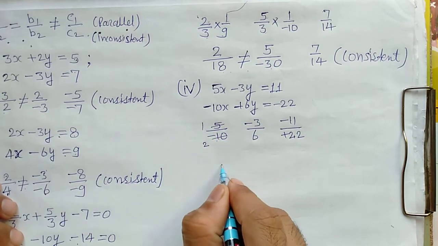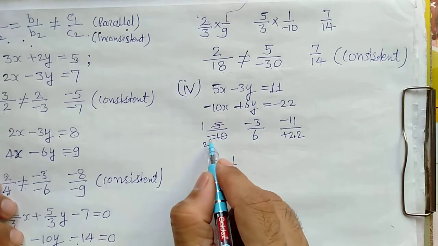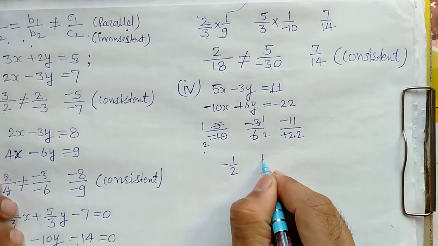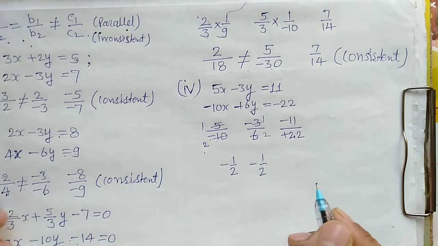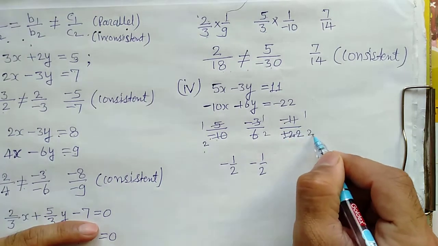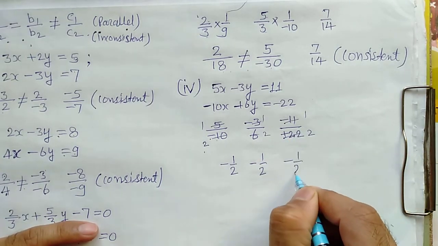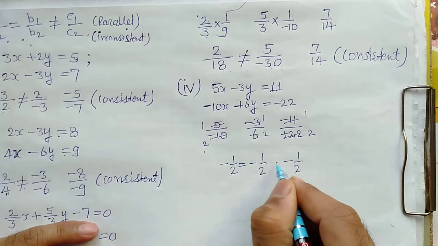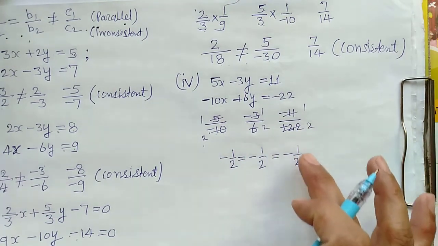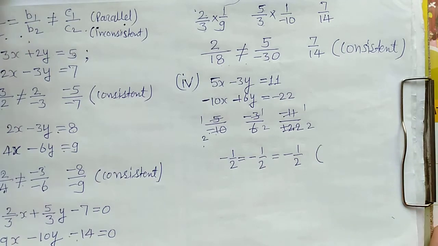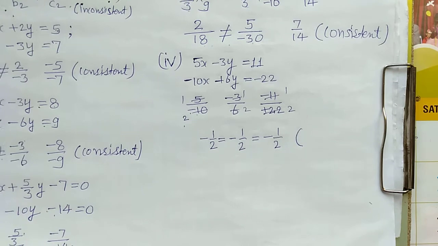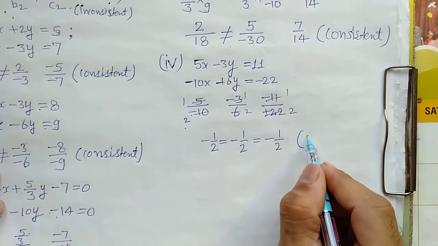So this is minus 1 upon 2. Minus sign is there. 3 1s are 3, 3 2s are 6. This is minus 1 upon 2. And the third one, 11 1s are 11, 11 2s are 22. This is also minus 1 upon 2. So all are equal here or not? A1 upon A2 is equal to B1 upon B2 is equal to C1 upon C2. When lines are coincident, they are overlapping, it means they are consistent. So here also what will we write?